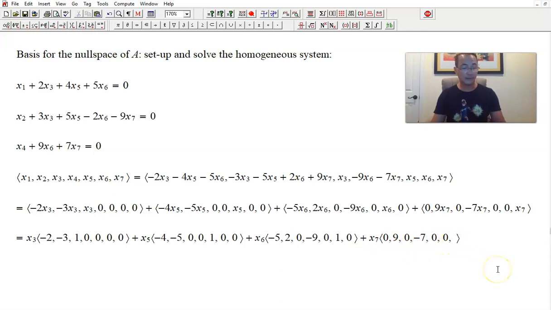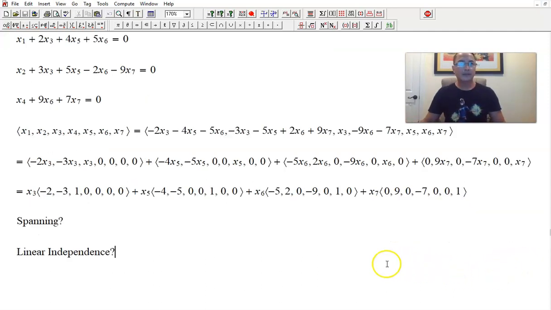And turn that into a 1. Okay, so the 4 vectors that we see over here will make up the basis for the null space. So we've done all the hard work, and these 4 vectors are our basis for the null space.